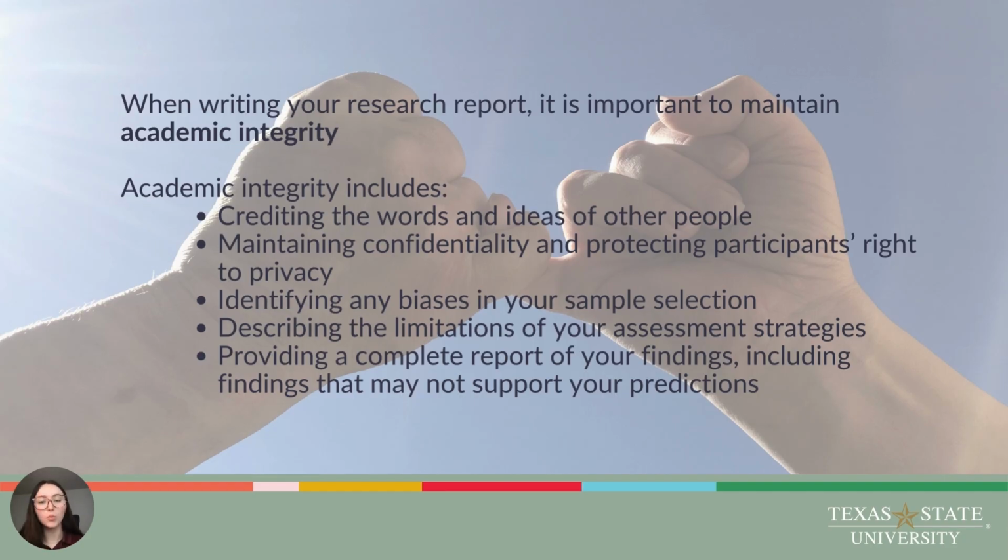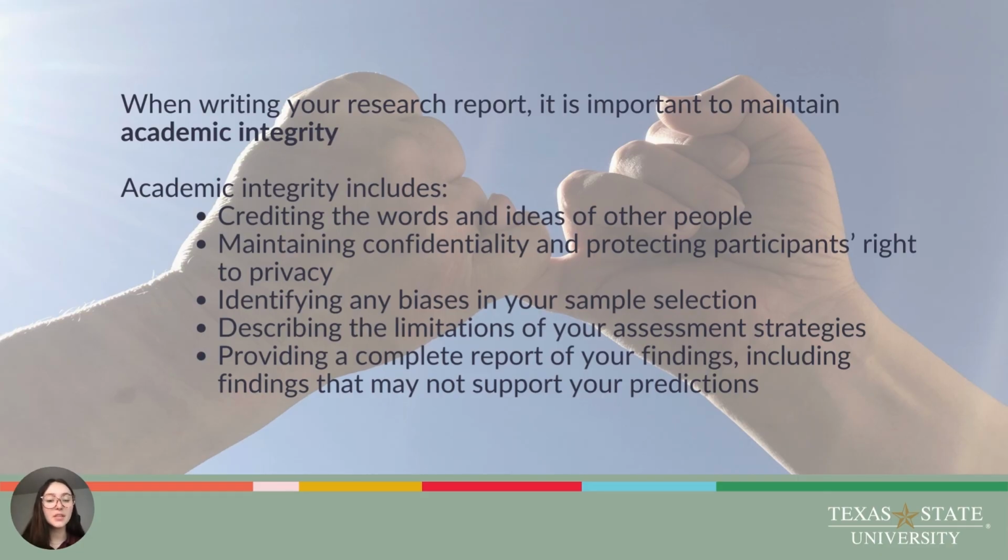Lastly, when writing your report, it's important to maintain academic integrity. That means crediting the words and ideas of other people. So if you use some idea from another author that you read from previous literature, you will credit that to that author. Maintaining confidentiality and protecting participants' rights and privacy, as well as identifying any biases in your sample section.